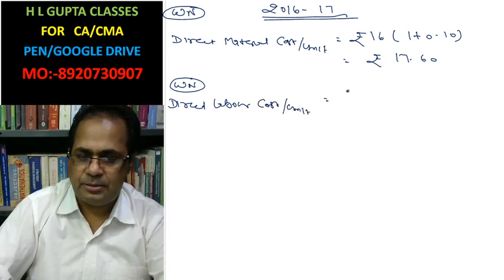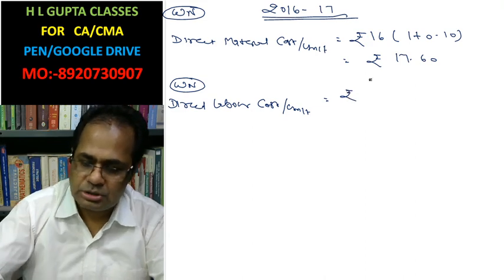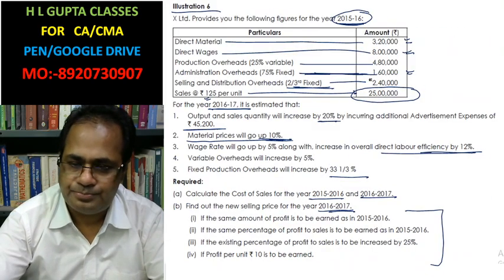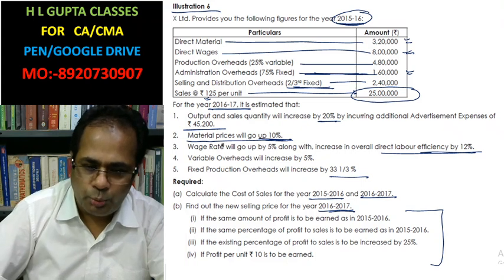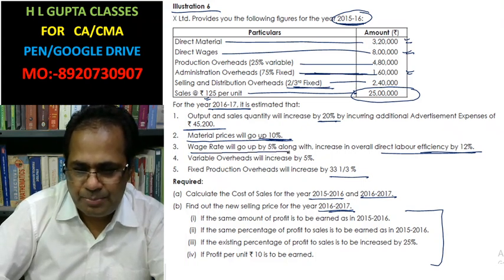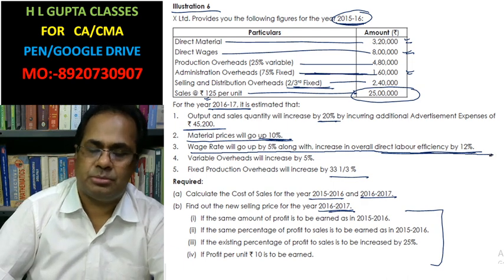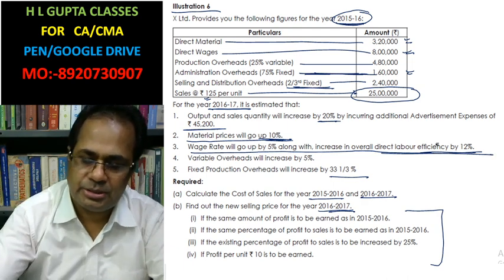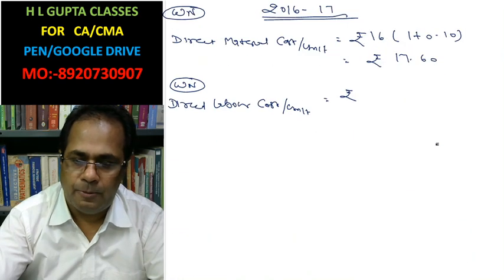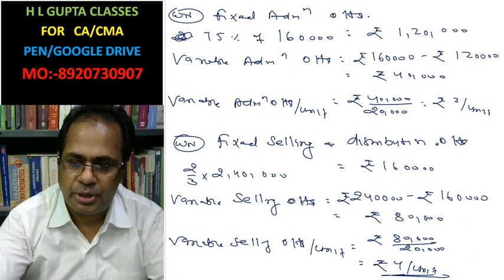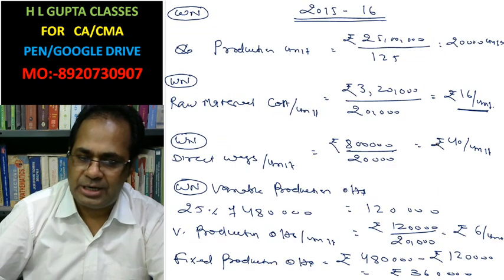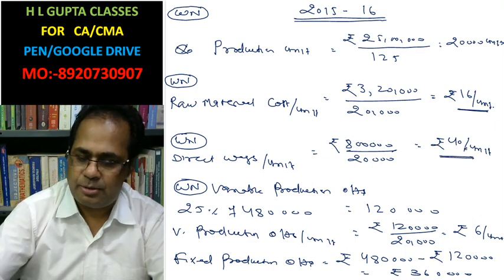In this case, labor cost is given here as 40. Wage rates will increase by 5% along with overall efficiency increasing by 12%. Efficiency means production units increase by 12%.